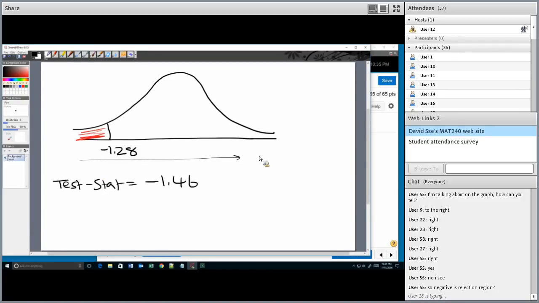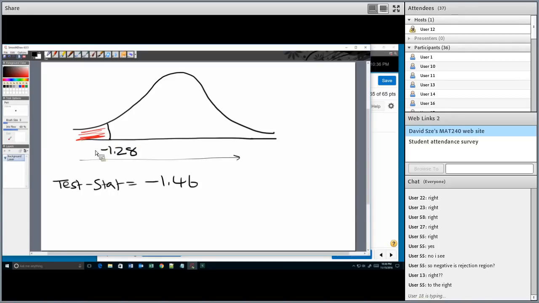Obviously this way the numbers are increasing. So Sylvia, my question to you is, where would minus 1.46 be? Would it be on this side or on this side? This is your critical value. So would it be on the left side of the critical value or on the right side? No, it wouldn't be on the right, right?